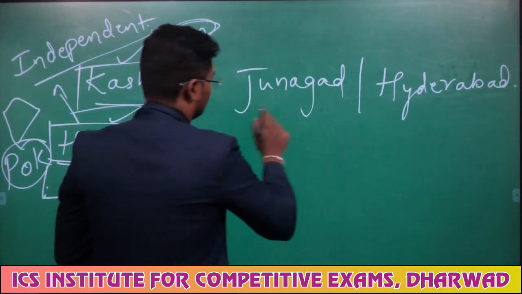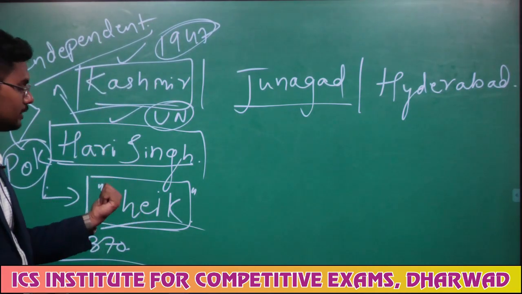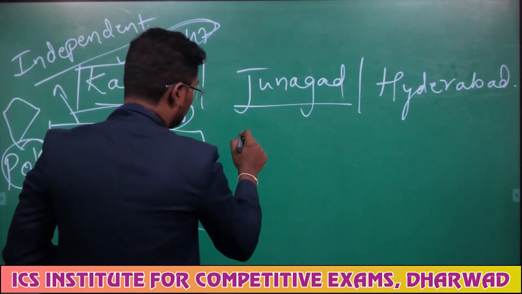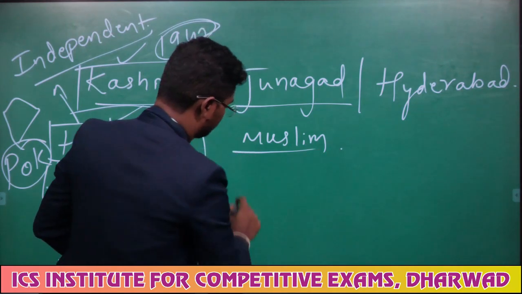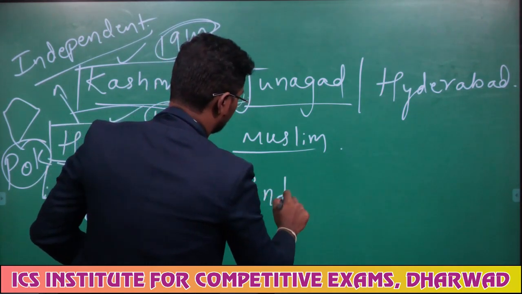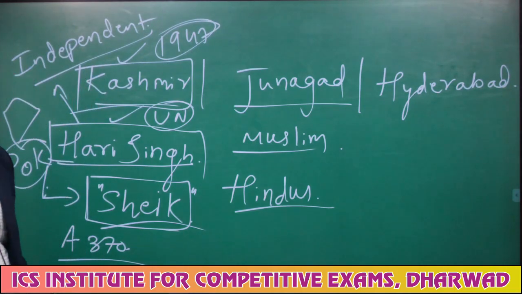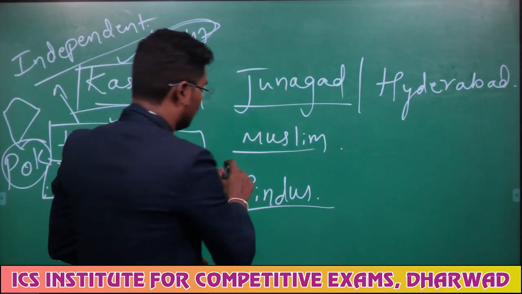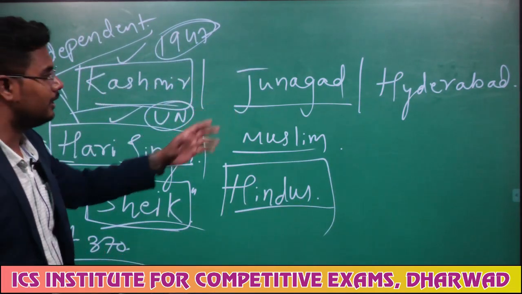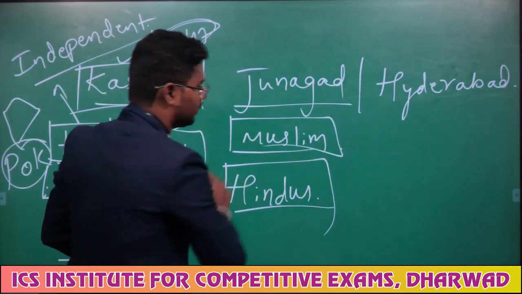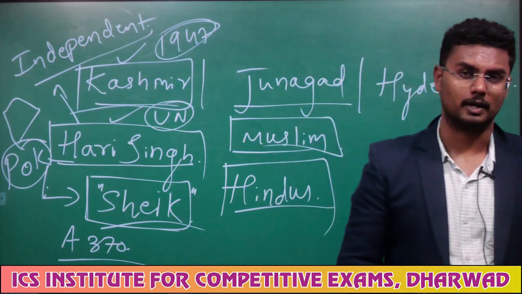And Raja of Junagadh, unlike Kashmir where the ruler was Hindu and citizens were Muslims, here the ruler was Muslim and the majority of the citizens were Hindus. The Junagadh king wanted to join Pakistan, but Sardar Vallabhbhai Patel threatened, and after that, this Junagadh Muslim king, without any hint, without telling anyone, flew to Pakistan.